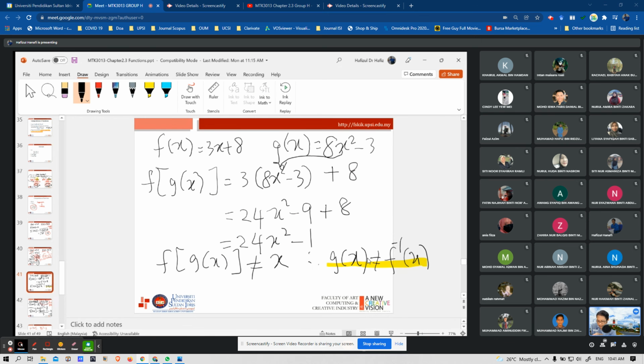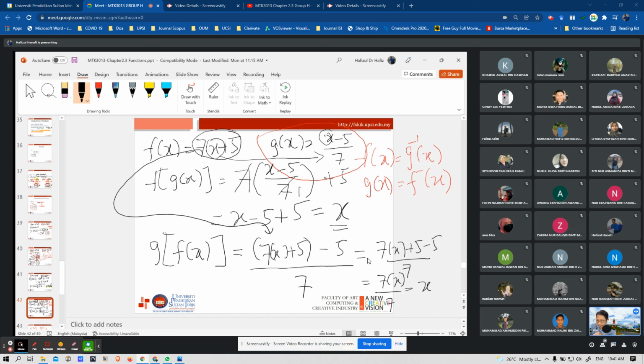And then f(x) is equal to 3x plus 8, g(x) is equal to x to the power of 2 minus 3. Can you inverse it or not? First you replace, and then the output is not the same as x, so you can say that g(x) is not the inverse function of f(x).